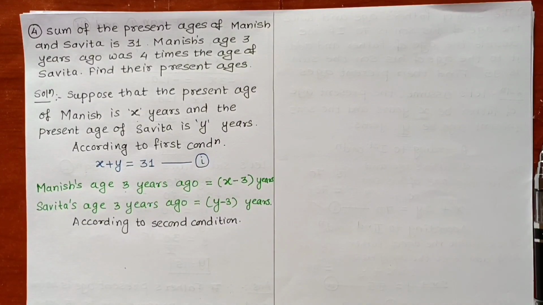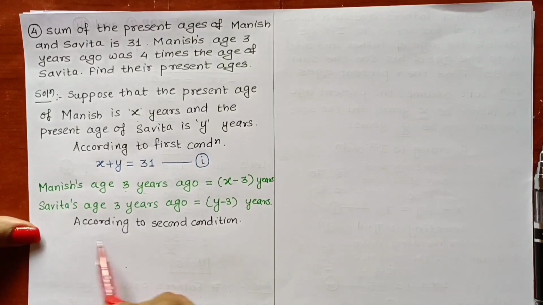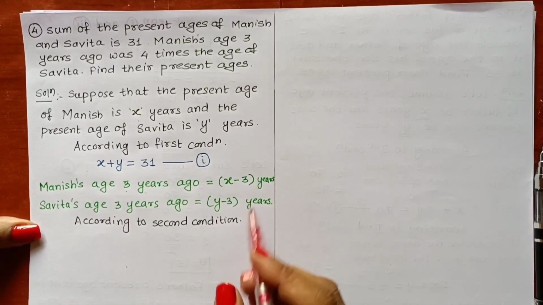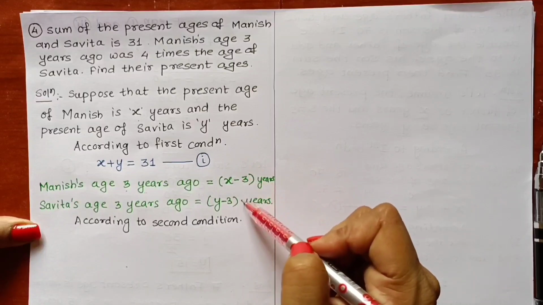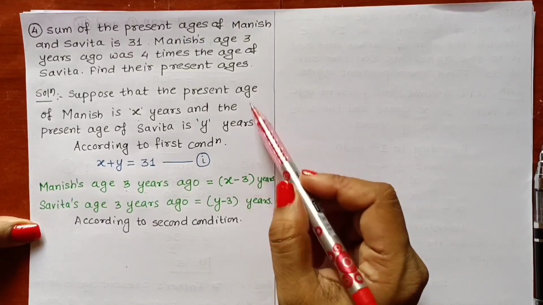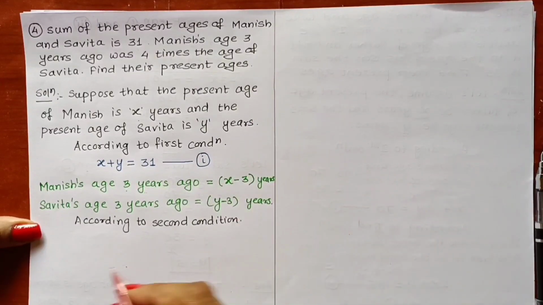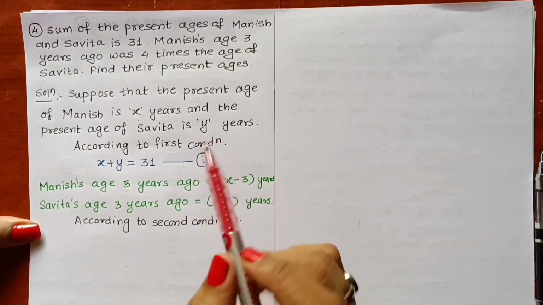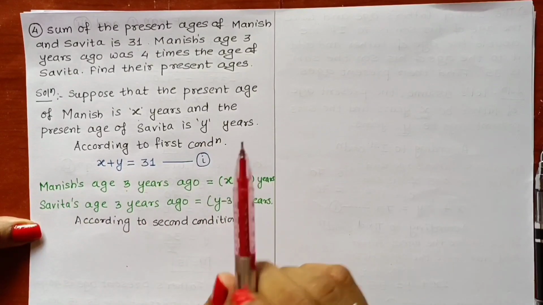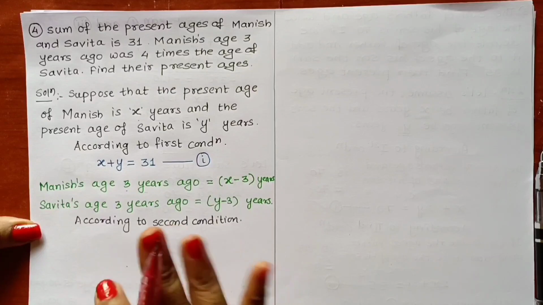I will write this second sentence here. You are not required to write this sentence in the solution, but you have to write all the statements in the solution properly. Very important. Whatever I am writing with the red pen is not required in the solution.